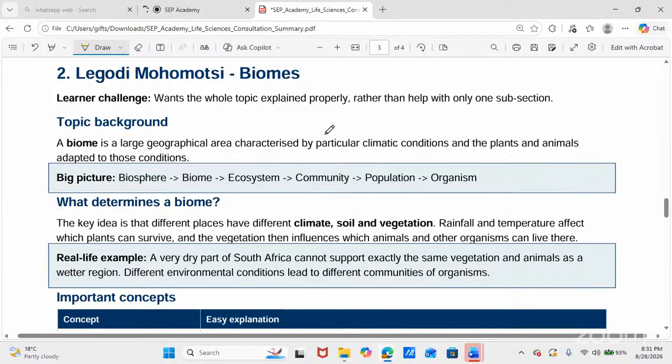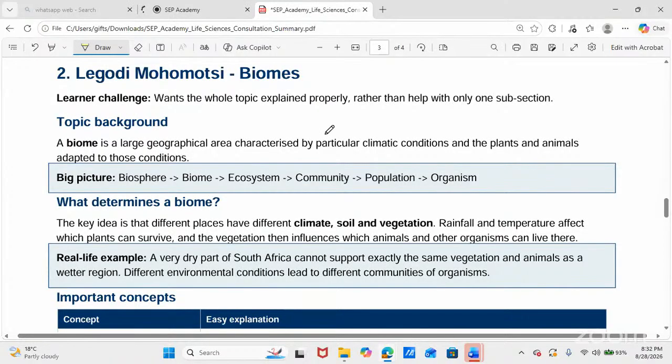We also looked at the sclerenchyma, the collenchyma and the parenchyma, right? The xylem and the phloem. And we mentioned how those support a plant and also provide food to the plants, and how they provide water and mineral salts.